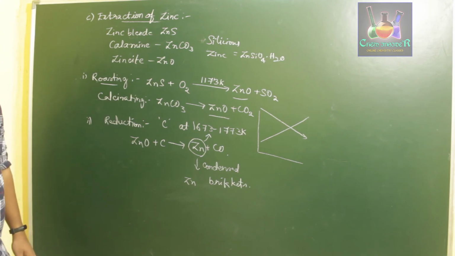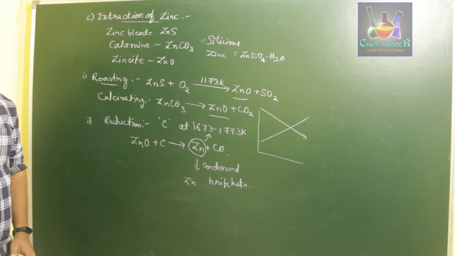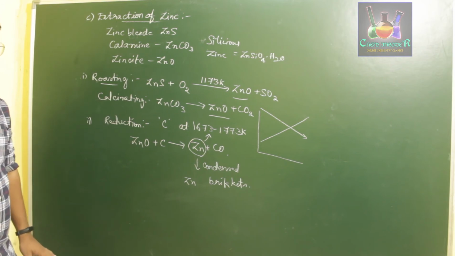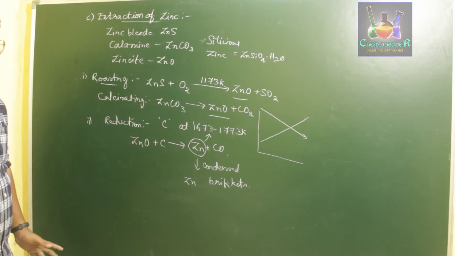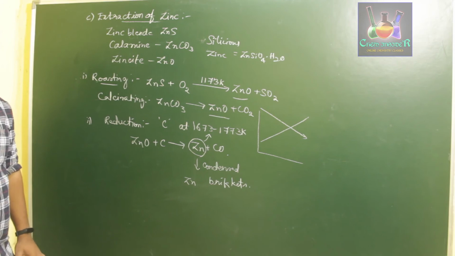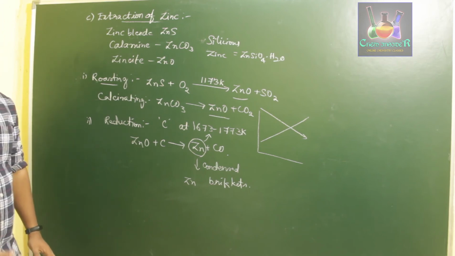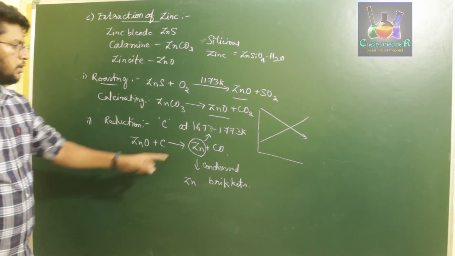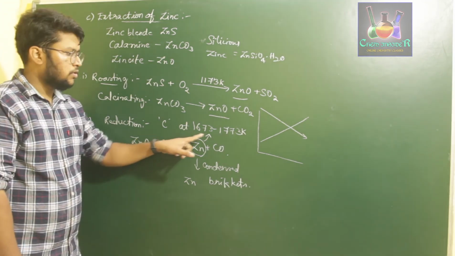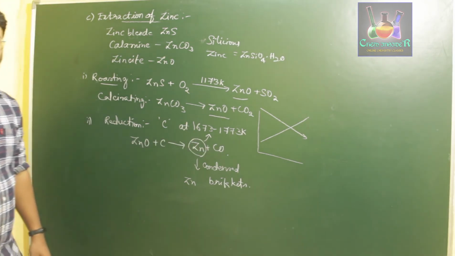But zinc oxide is hard to reduce at low temperature using carbon or coke. Therefore, we consider a higher temperature range, 1673 to 1773 Kelvin.